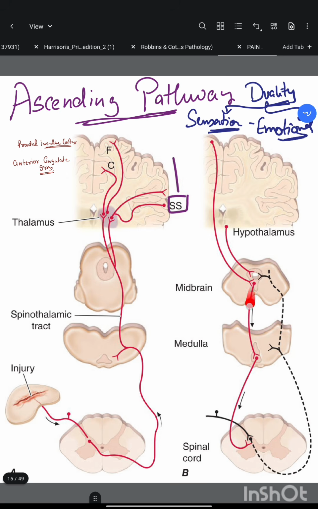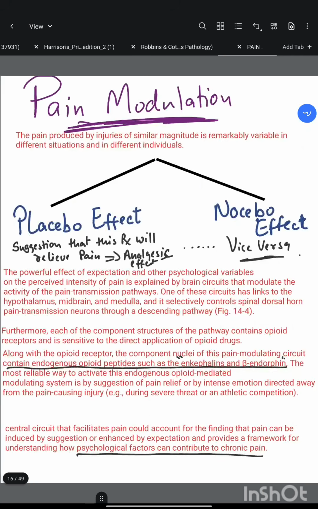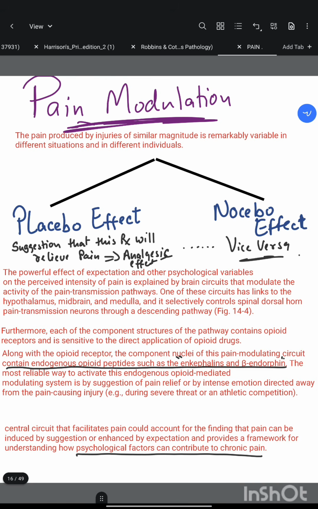They synapse at multiple levels and they can ultimately reduce or even enhance the pain. This is with the help of natural endogenous opioid peptides such as enkephalins and beta endorphins. The most reliable way to activate this endogenous opioid mediated modulating system is by suggestion of pain relief or by intense emotion directed away from the pain causing injury.